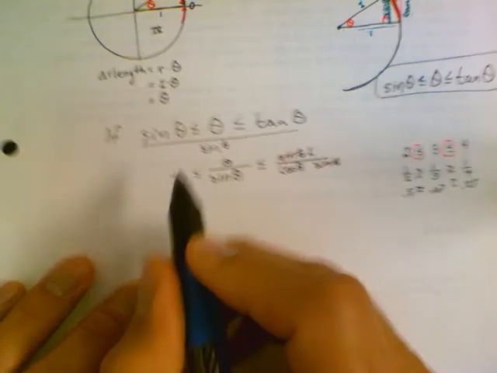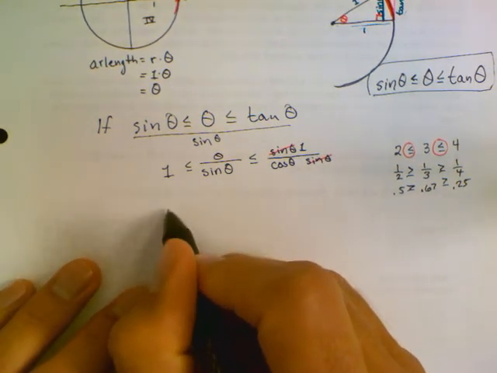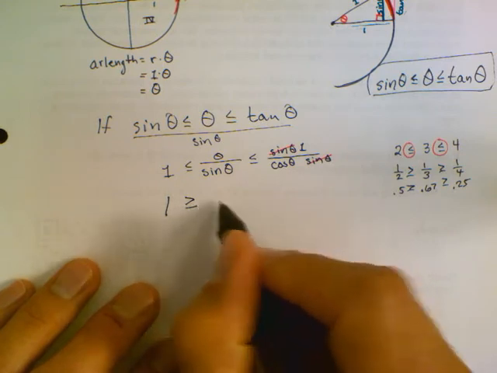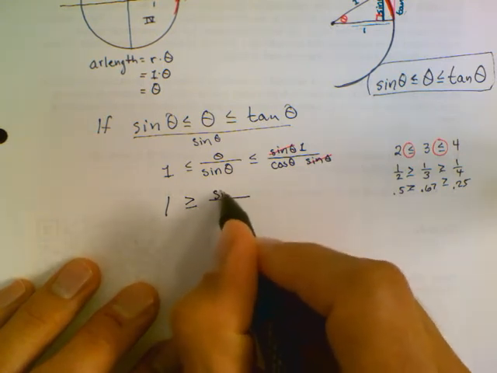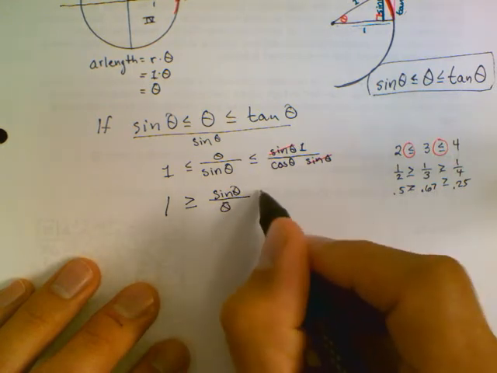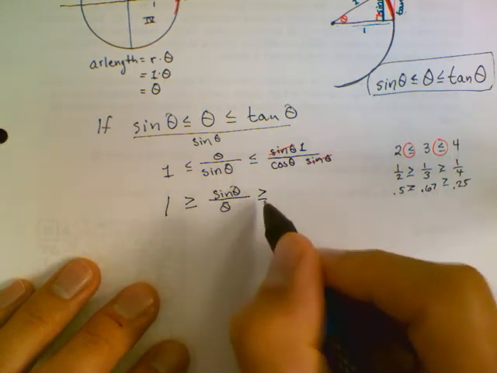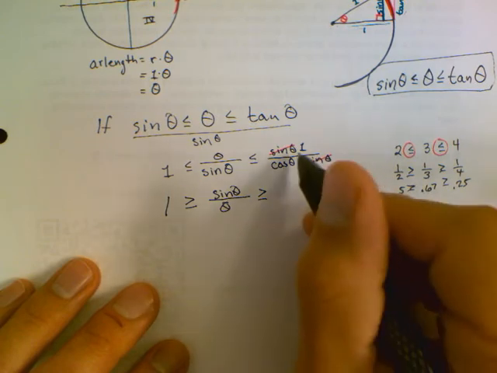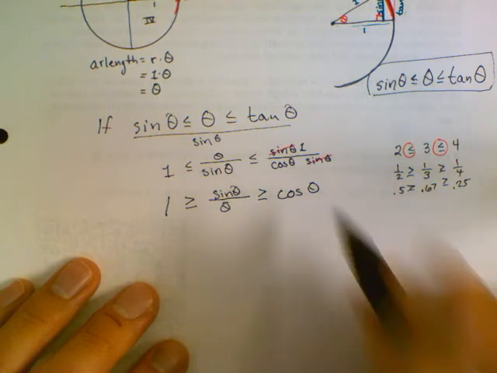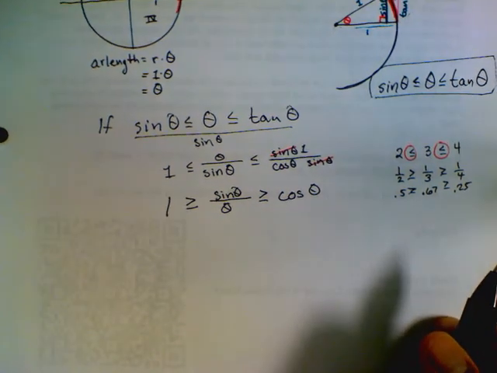Let's invert 1. 1 divided by 1, or we flip 1 and it becomes 1. Change the inequality symbol. Have sine theta over theta. Flip the inequality symbol. And then 1 over cosine, well, that would just become cosine theta. Okay? So, great.